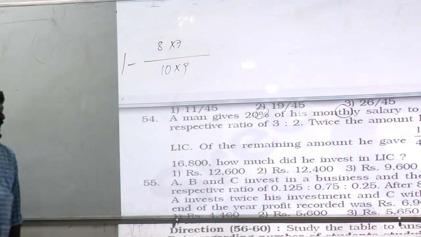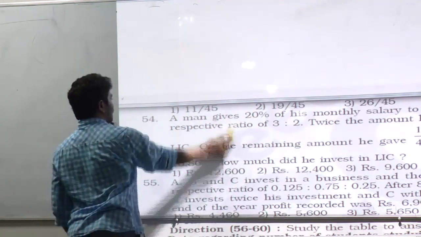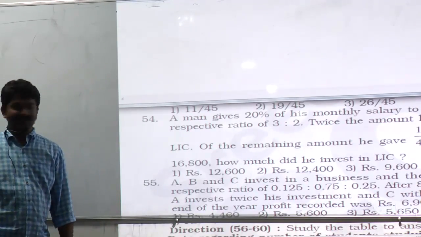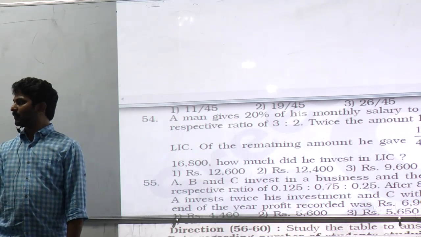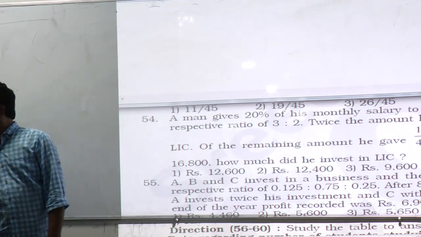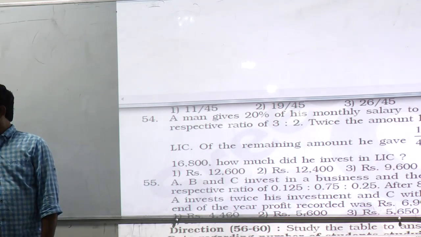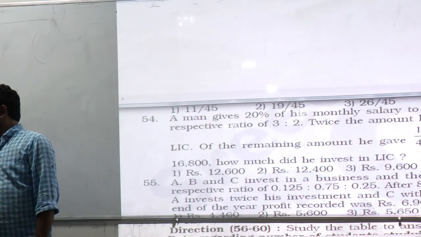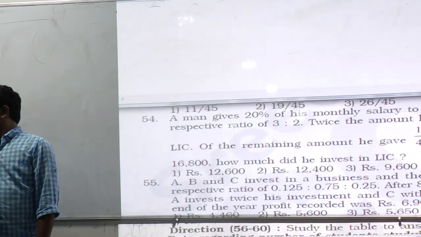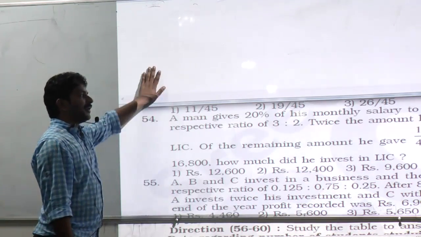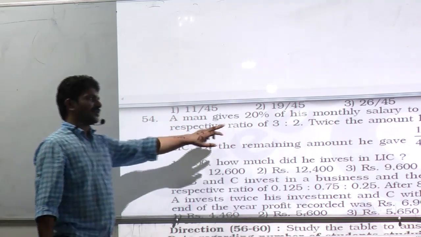Next. (54) A man gives 20% of his monthly salary to his 1 daughter and 1 son in the ratio 3:2.